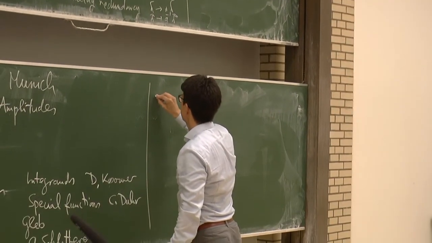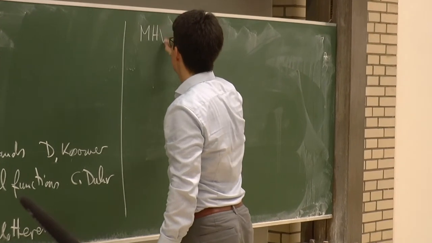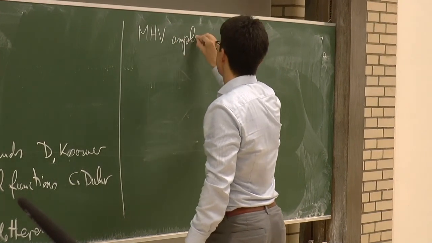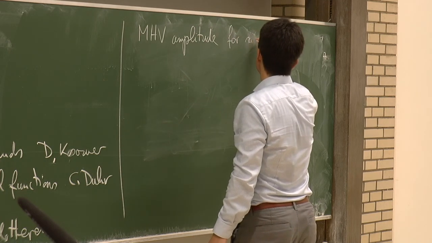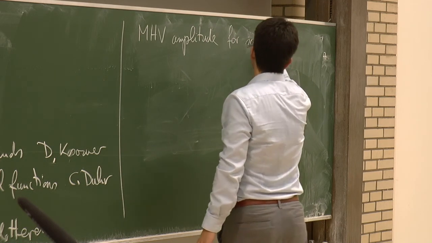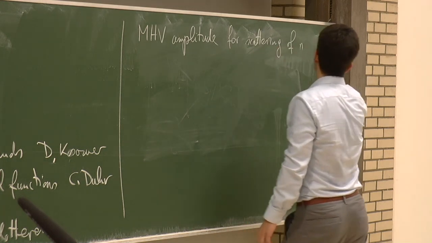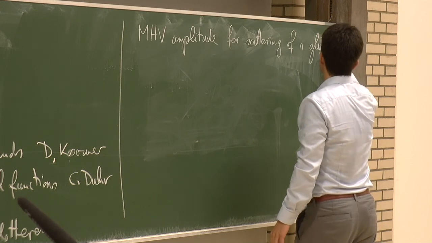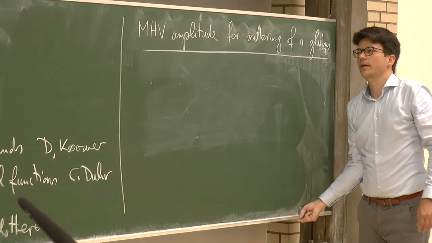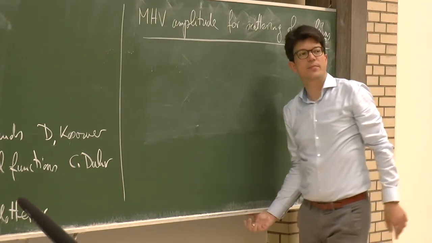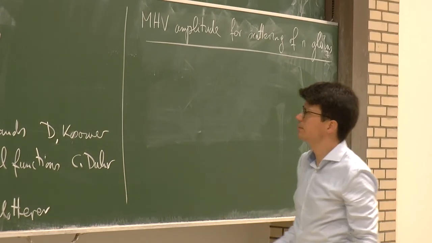So let's write down the so-called MHV amplitude for scattering of n gluons. First I should explain what this MHV means. This refers to the helicity.